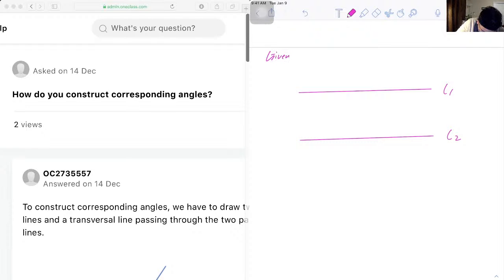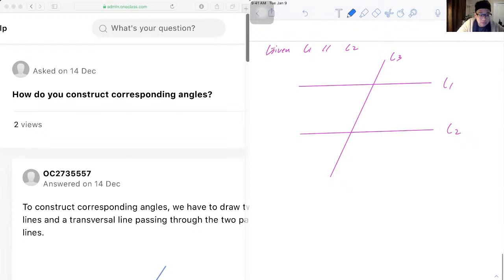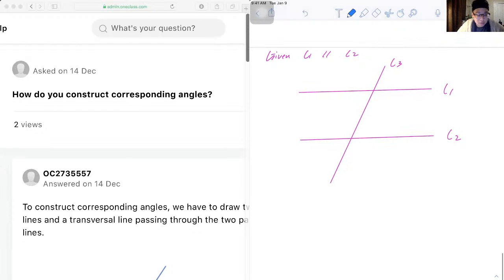So given L1 is parallel to L2, we also have an L3, which is a transversal line passing through the two parallel lines. And in the figure above, we see the two parallel lines and L3 as the transversal line, and by drawing L3 to cut the parallel lines, it produces 4 corresponding angles, as the following pairs are equal to each other.